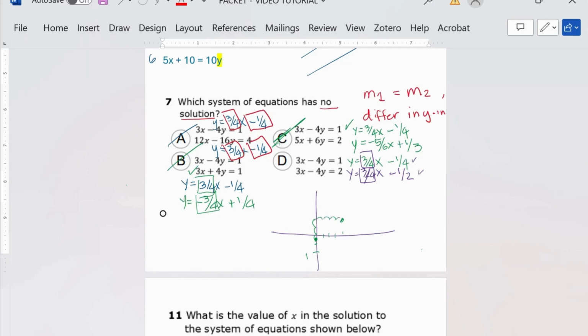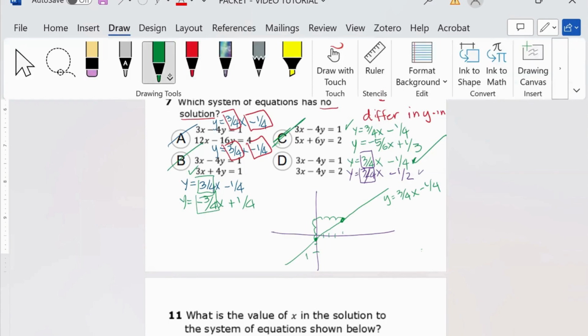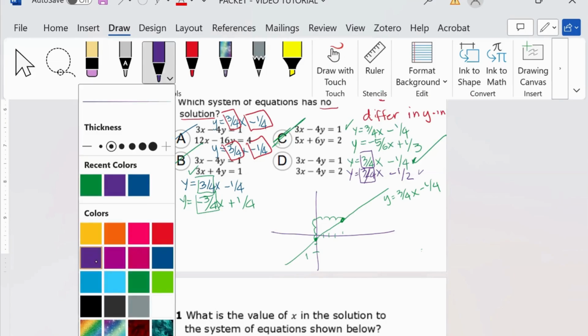1, 2, 3, 4. So the first graph here, that's the first graph, y equals 3/4 x plus 1/4. Now let's draw the graph of the purple one, negative 1/2.